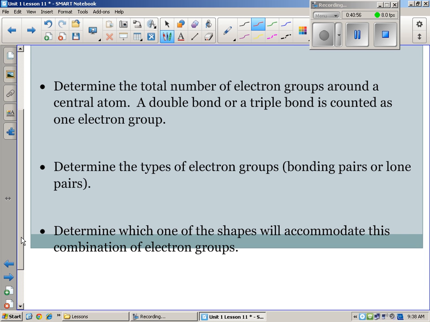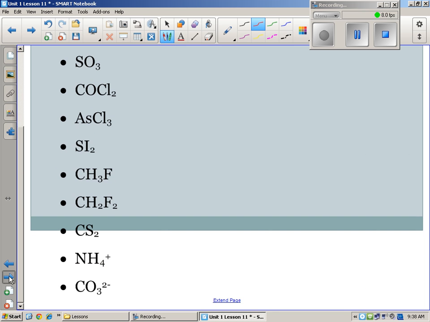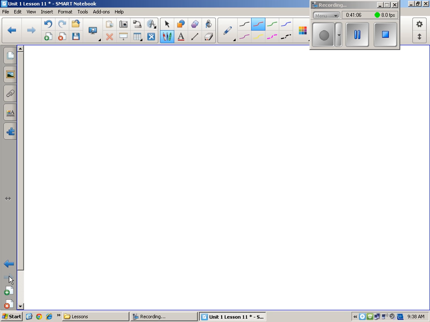Is it just atoms, or are there lone pairs as well? So that's all going to take place here. You guys got some homework here, for example. But before that, I'm just going to show you one quick thing. Write this down somewhere so you make sure you know.